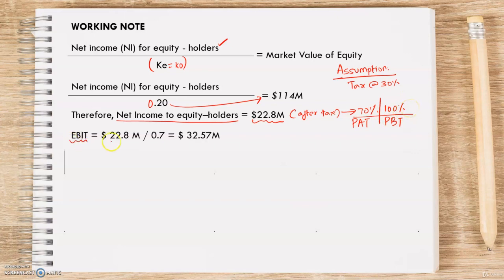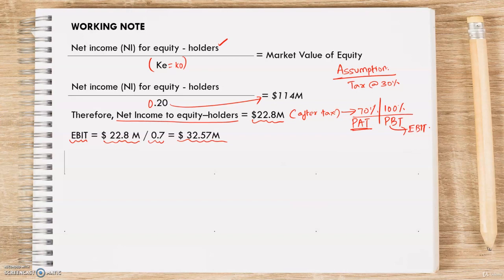That is, EBIT is equal to PAT of $22.8 million divided by 0.7, you get $32.57 million, which is nothing but earnings before tax. In this case, we can even attribute it as EBIT, earnings before interest and tax, because there is no debt. So this $32.57 million is the EBIT of this company.